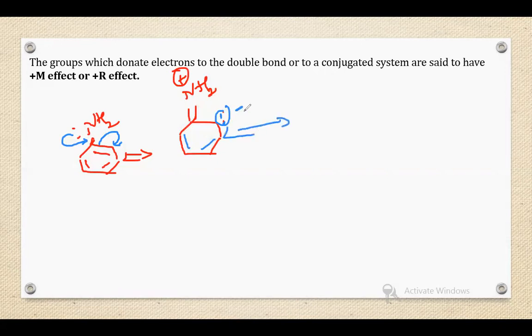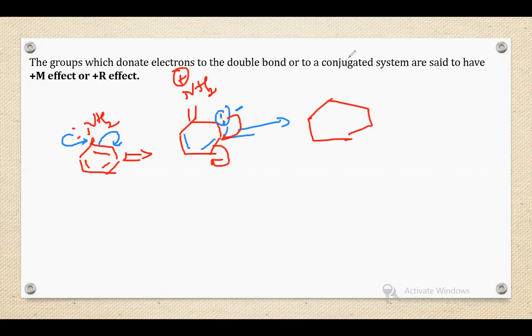So what happens if this electron shifts here? These two pair of electrons shift here, and this will form the double bond on this corner, meaning the para position will have a double bond. So I'll write another structure. If this double bond shifts here, this will have the pair of electron.